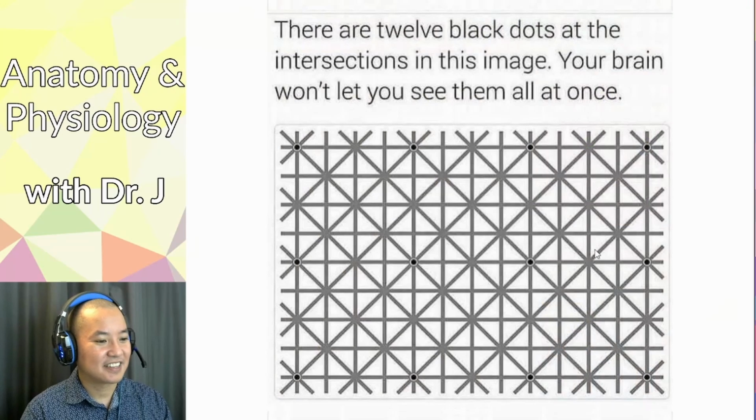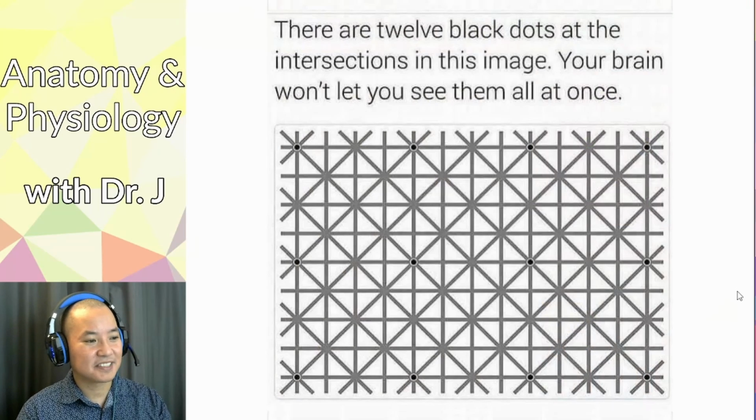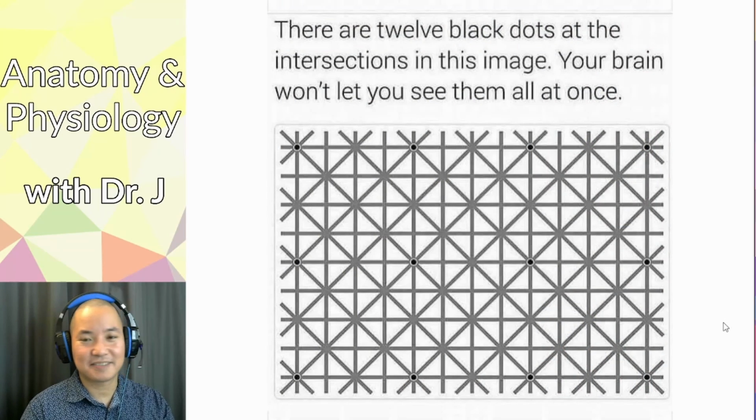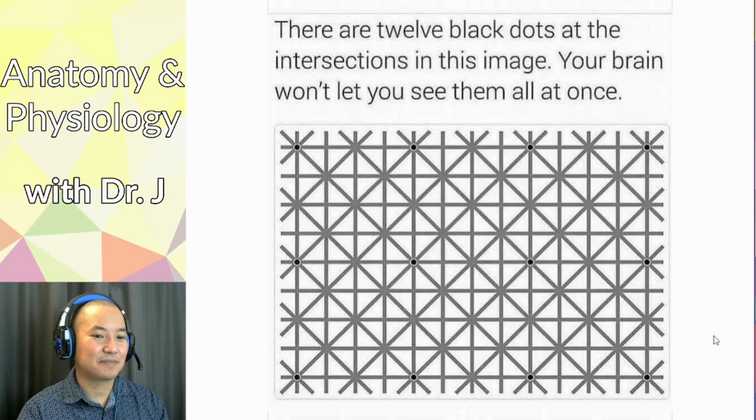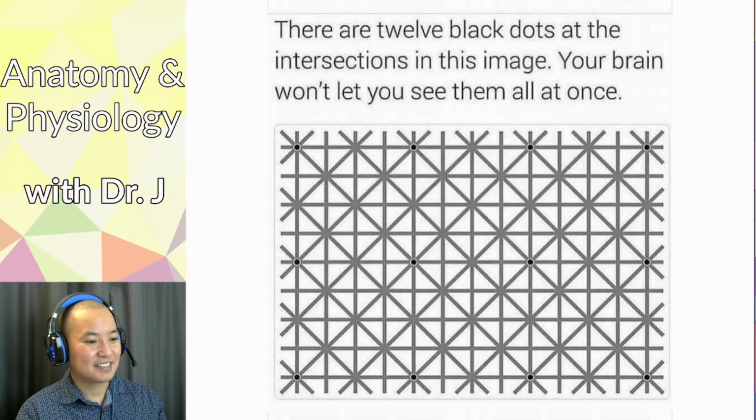Now, I think this is a cool example you can do at home. There are 12 dots in this image, so look at the slides, and your brain won't let you see them all at once. Well, it's not so much your brain, but with these small, very detailed dots, when you're focusing on one dot, you're focusing your central fovea on it.